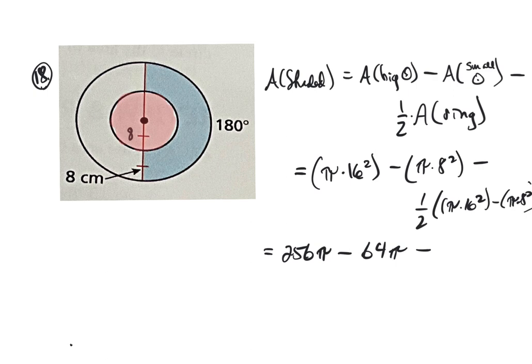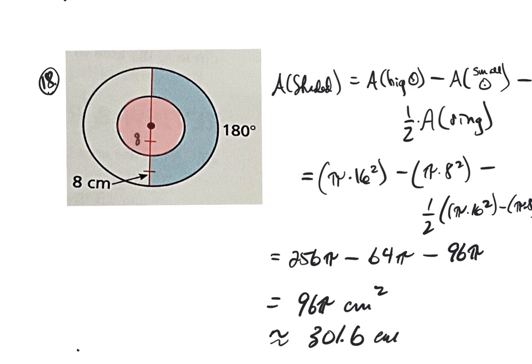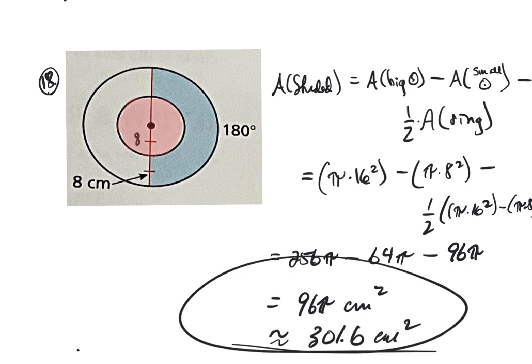And then I need half of that, so that would be 96 pi. So 256 minus 64 minus 96 would get us 96 pi. And what are we in here? Centimeters, right? So that would be square centimeters. And if anyone prefers the decimal, that would be approximately 301.6 square centimeters.